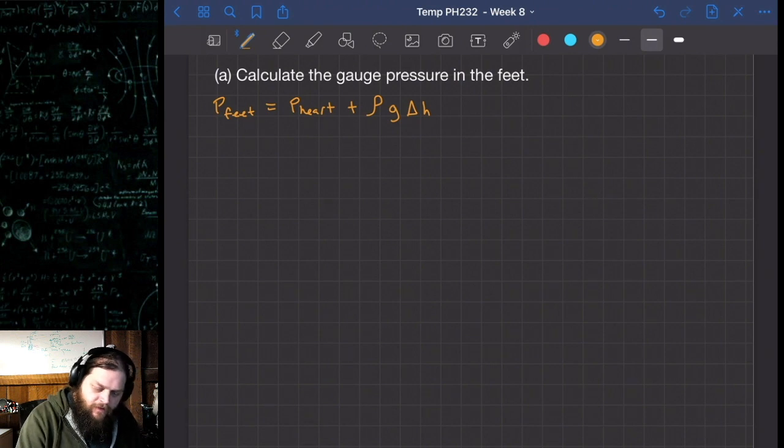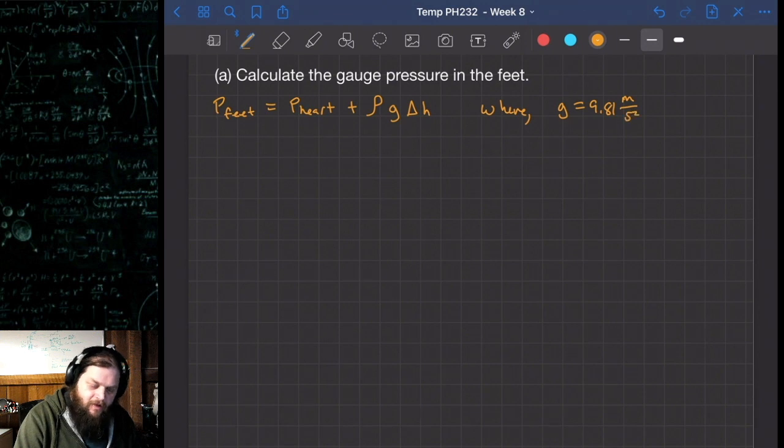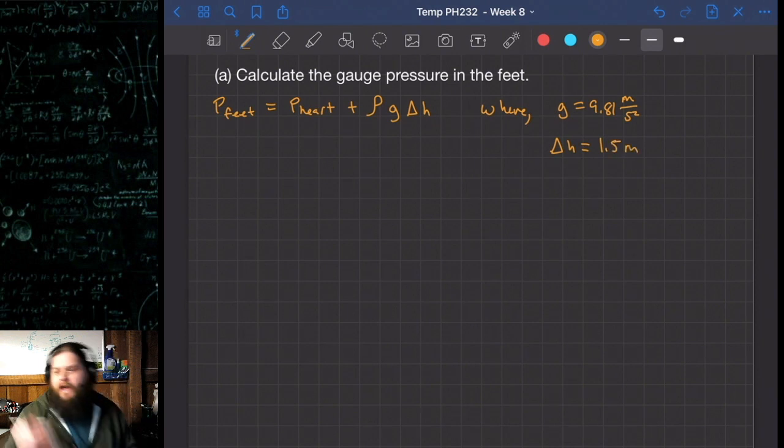So they gave us a few values in that long paragraph that I tried to read. Here we know gravity is 9.81 meters per second squared. We know that delta H is equal to 1.5 meters, because that was the average heart height of a human.